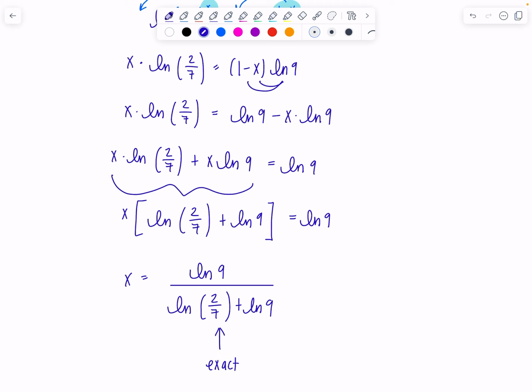ln of 9 divided by ln of 2/7 plus ln of 9, which you could rewrite as ln of 9 over ln of 18/7, if you want, okay? And this is approximately 2.326 if you punch it in your calculator. The directions were specific, and they said to round to 3 decimal places.